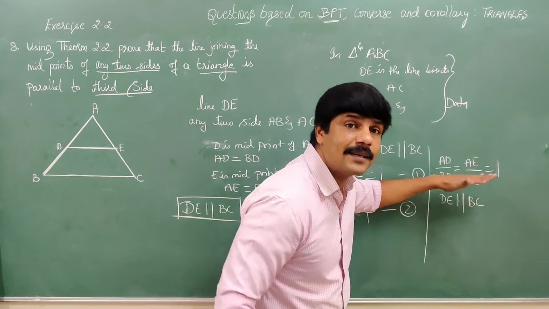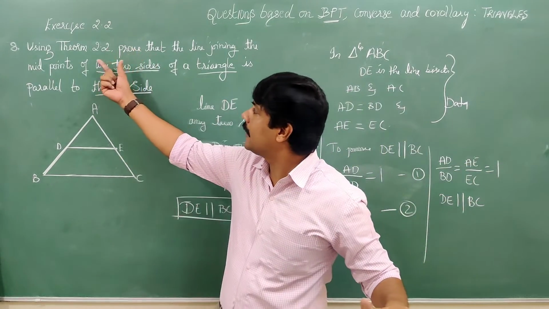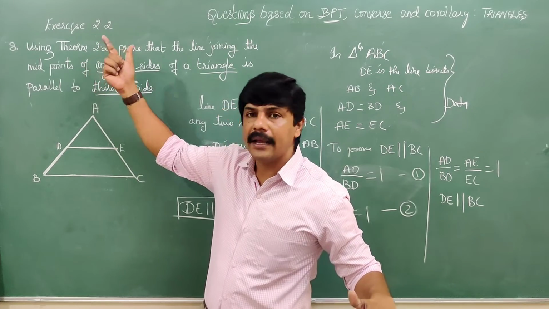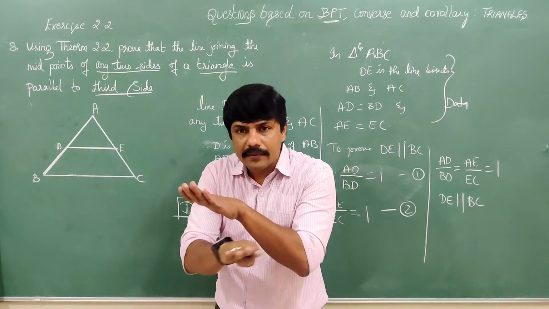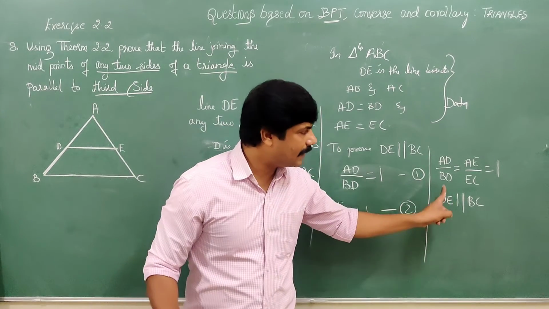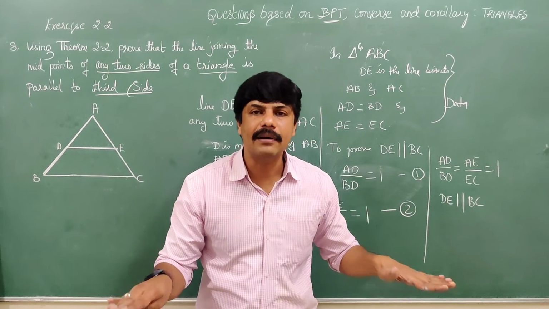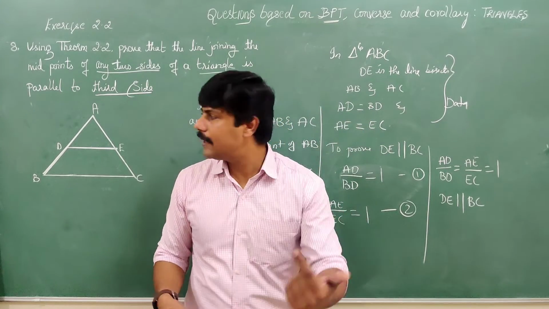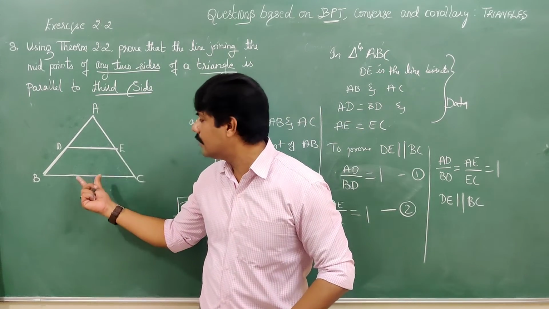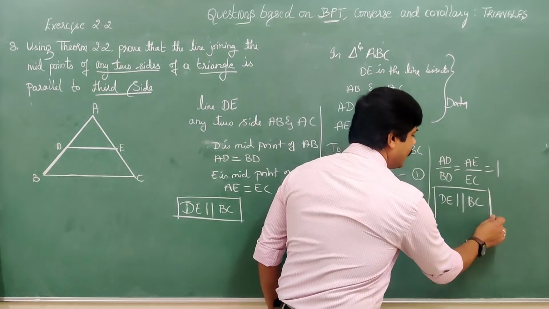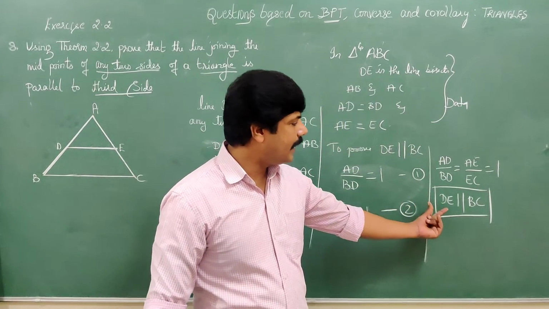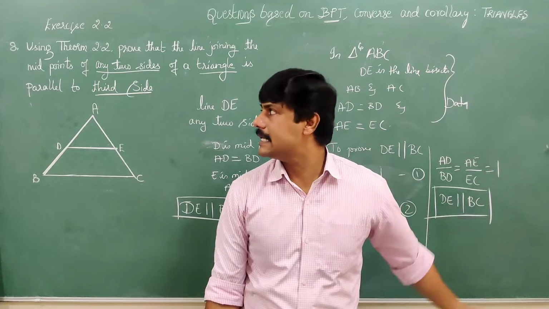That means two sides are divided in the equal ratio. What does it mean? It means DE must be parallel to BC. Thus, we have proved DE is parallel to BC.